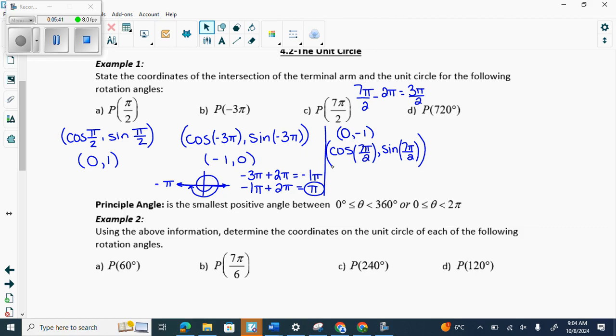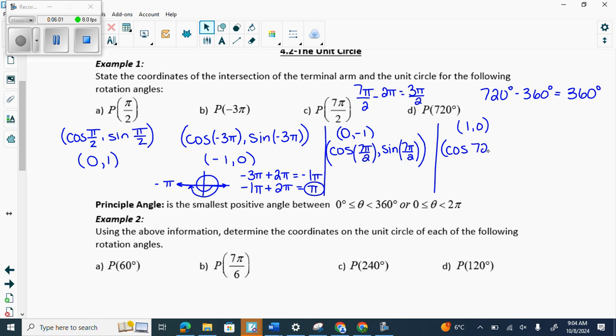Okay. 720 degrees isn't on my unit circle, but I could subtract 360 to get a coterminal for it. But 720 minus 360? 360. What's the coordinate at 360? Do we just send it or check it? Check it.